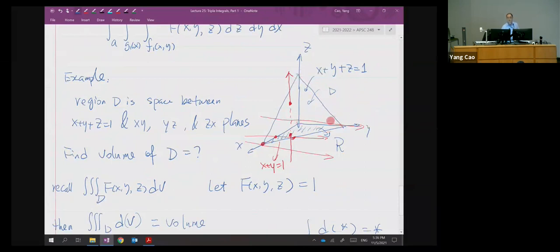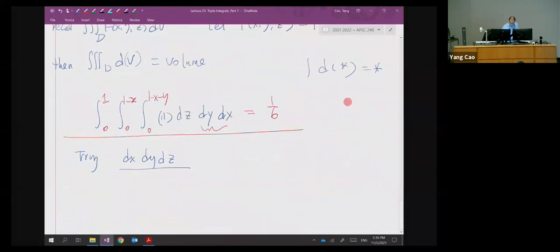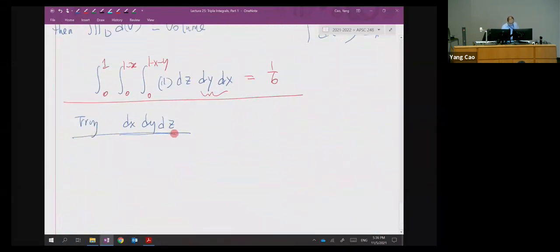The limits will be different, but the results will be the same. So try different orders. Any questions on Cartesian coordinates? If you're familiar with the double integral and the concept of scanning through, this shouldn't be too difficult.